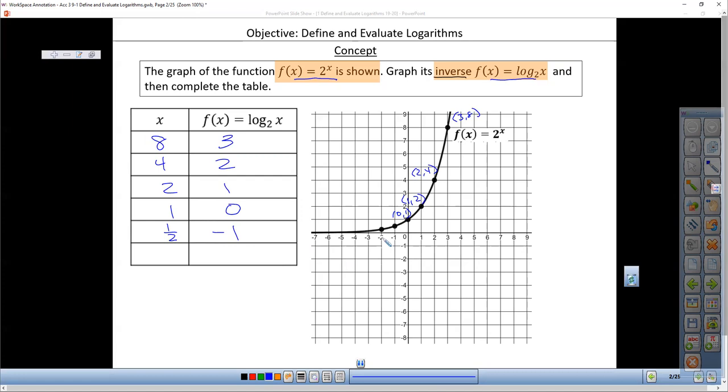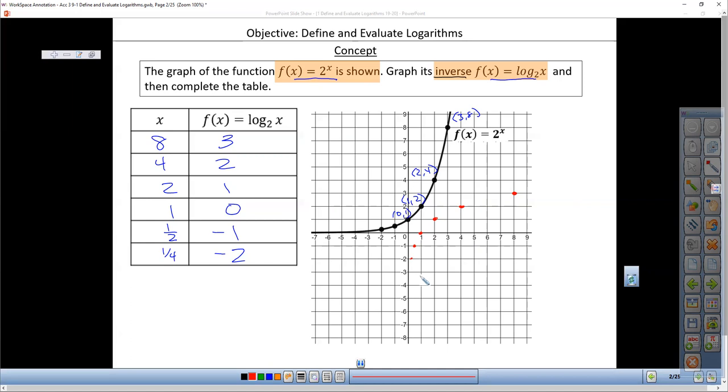And then this is negative 2, 1/4, so this switches to 1/4, negative 2. So then graphing each of those points, 8, 3 is here, 4, 2 is here, 2, 1, 1, 0, 1/2, negative 1, and 1/4, negative 2.